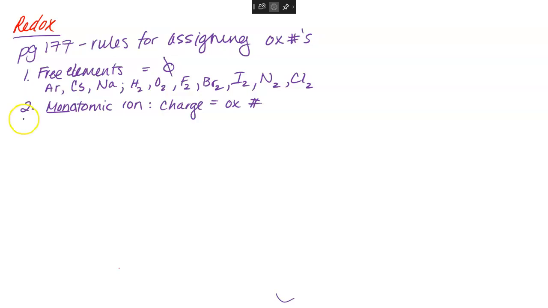Related to this, because I'm going to go out of order, is ionic compounds. As long as the ions in it are monatomic, the charges are equal to the individual oxidation numbers. So when I say sodium chloride, sodium has a charge of 1 plus, its oxidation number is +1. Chlorine, -1. Its charge is its oxidation number.